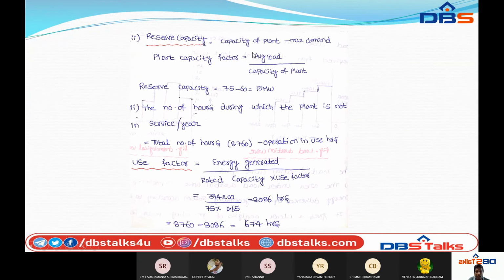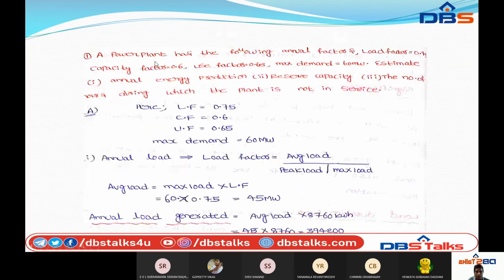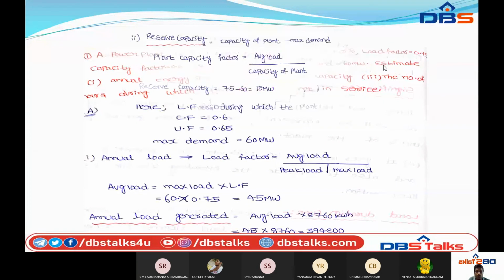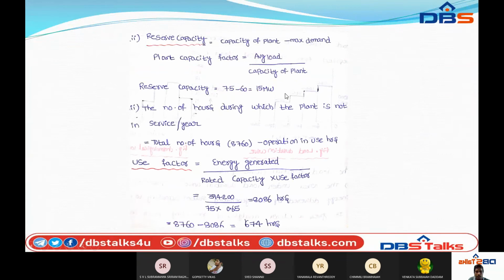You subtract from the capacity of plant. Capacity factor and capacity of plant are two very different factors. Capacity factor is the ratio between average load to capacity of plant. Capacity means load. 75 minus 60, we get 15 megawatts.